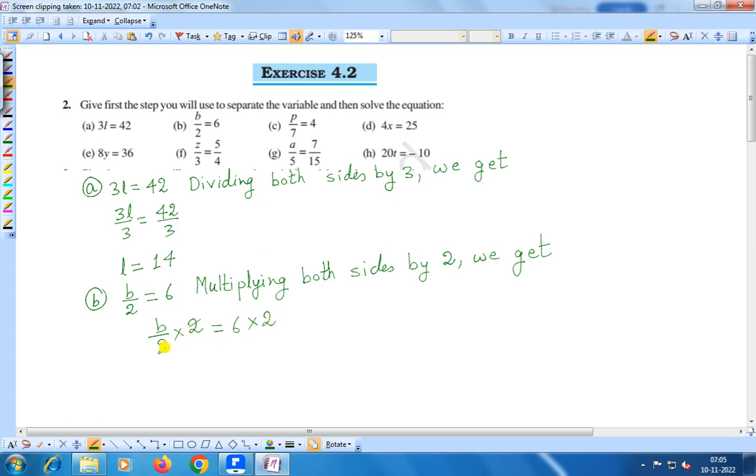This 2 will cut, that is B is equal to 6 twos are 12, right? Now we will solve question number C.